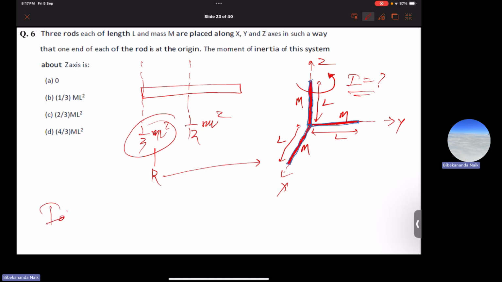So what will be the total moment of inertia? I will be Ix plus Iy plus Iz.